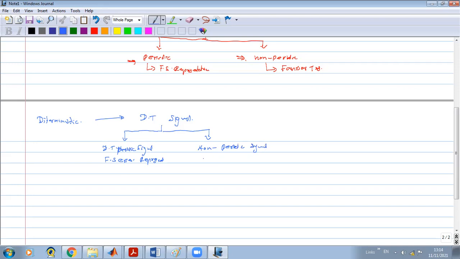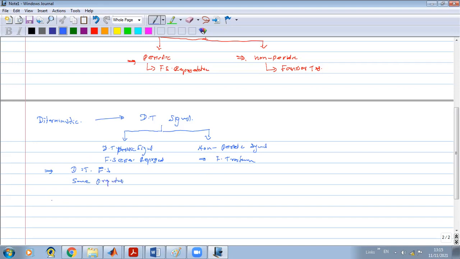For that, we are using the Fourier transform. So we will discuss the discrete time Fourier series and some properties of that.